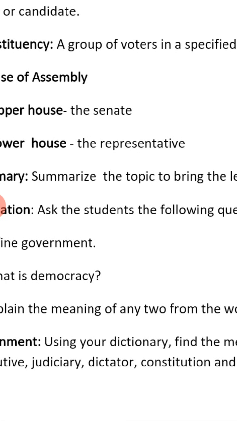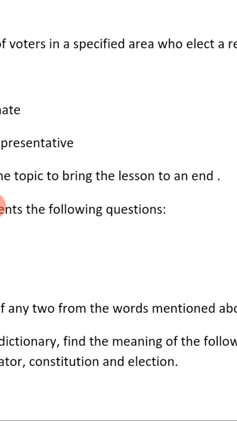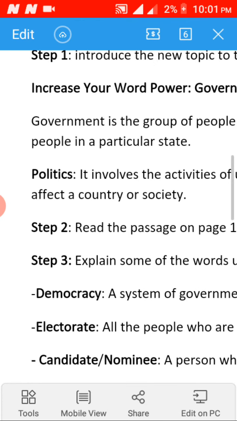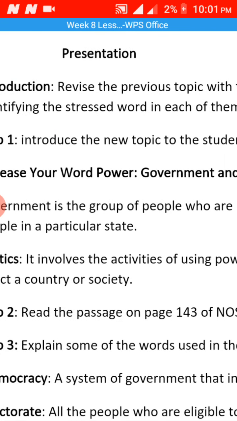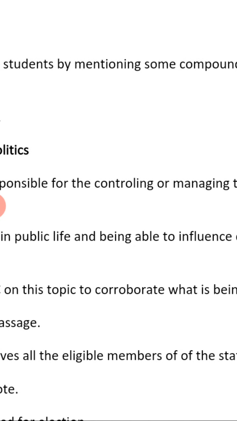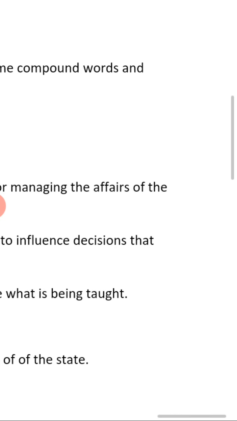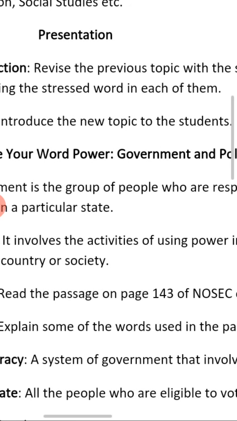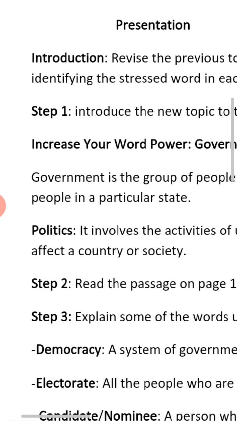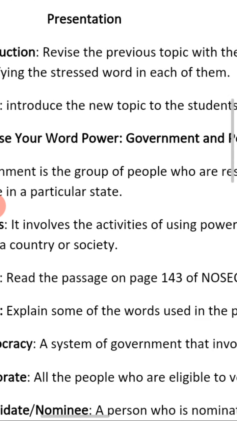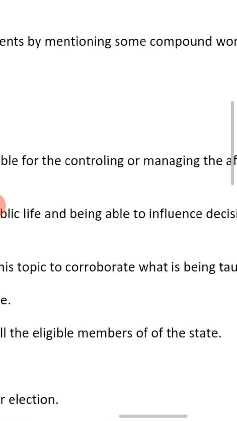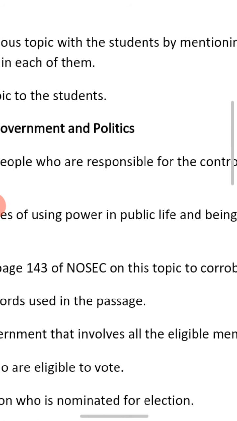Dear students, to summarize this topic that we have discussed so far, we talked about government and politics. There we defined what government means as a group of people who are responsible for the controlling or maintaining of the affairs of the people in a particular state. Then I also said politics involves the activities of using influence in public life to influence the decisions that people make.